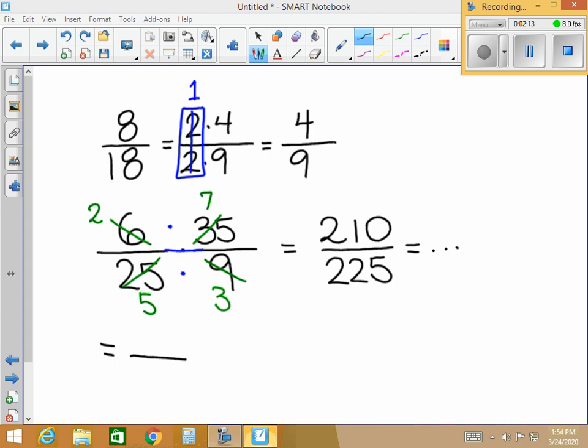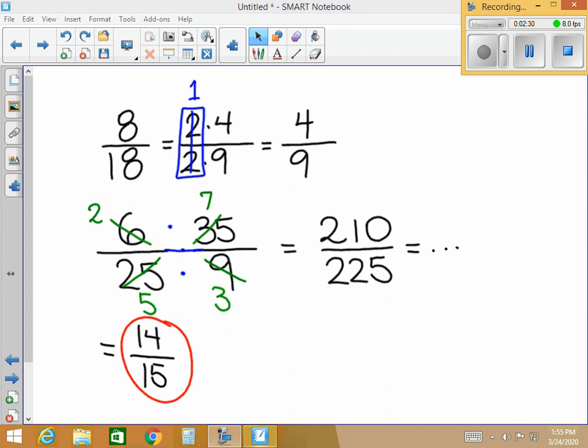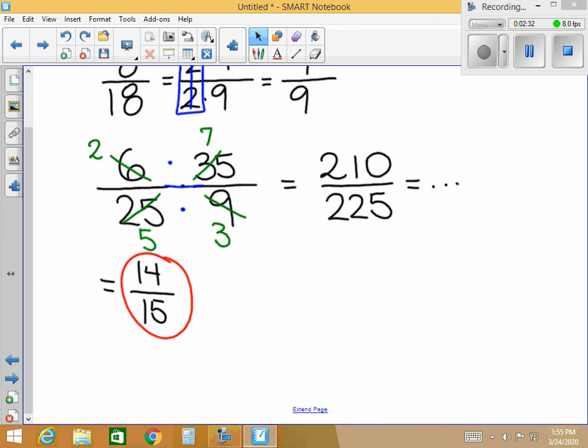Once I've broken things down, 2 and 7 on top have no more common factors with the 5 and the 3 on the bottom. Then I can put the tops back together, and I can put the bottoms back together, and I can double check and make sure I'm in lowest terms. That's 14 over 15. I can't reduce that any farther.